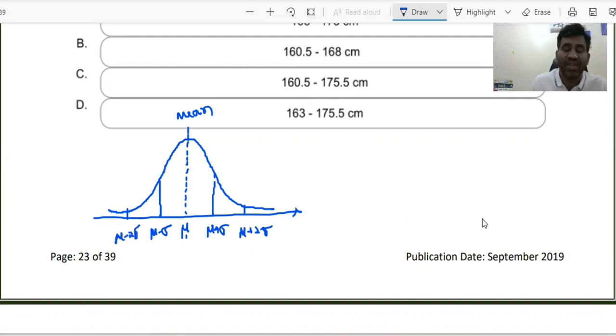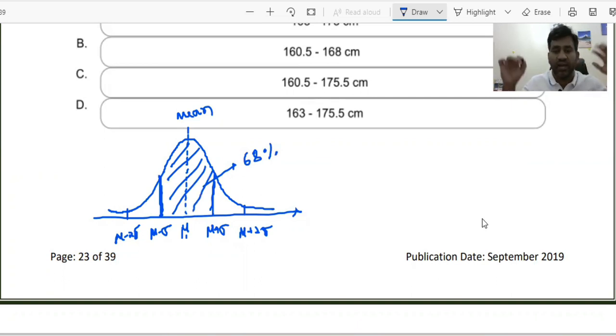So what they are trying to say is, if I'm talking about this window from here to here with reference to my mean, this area represents approximately 68% of all the data. Let's say for example a total of 100 data points: out of that 100, 68 are arranged in this range nearest to the mean.